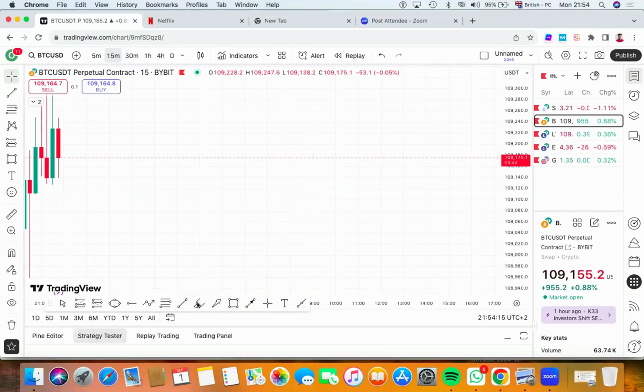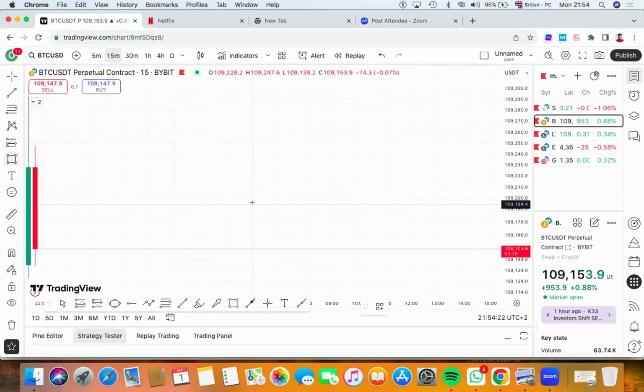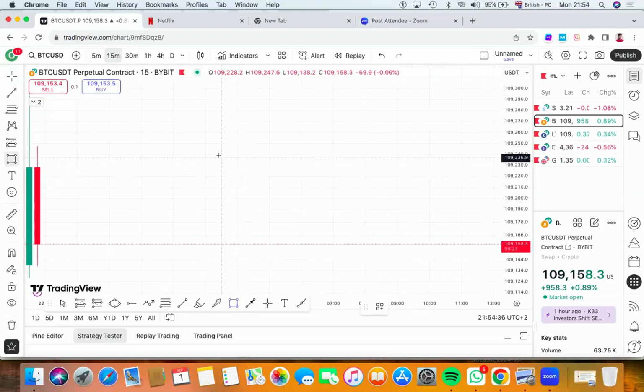There will be 3 Marabozu candles forming. We did candlesticks and the anatomy of a candlestick, and we talked about different types of candlesticks. One of those we talked about was the Marabozu candle, right?